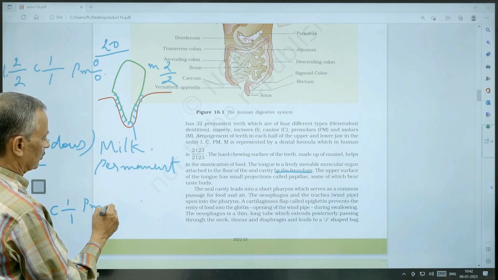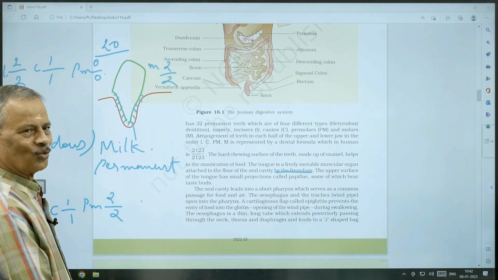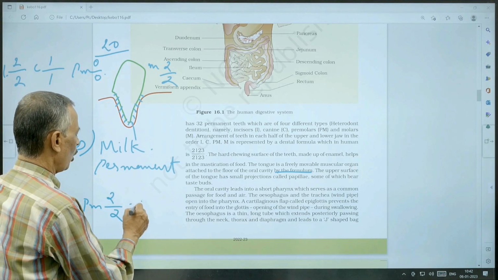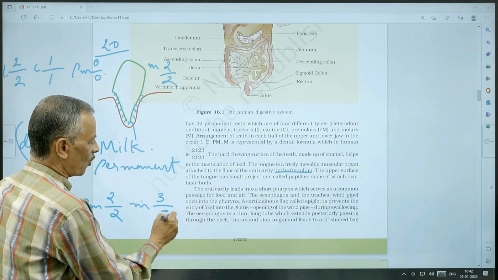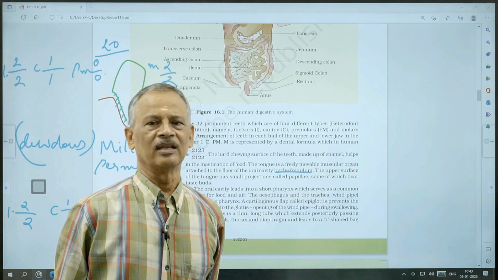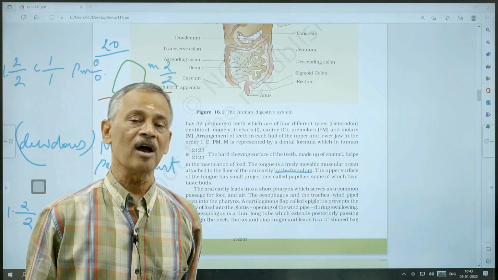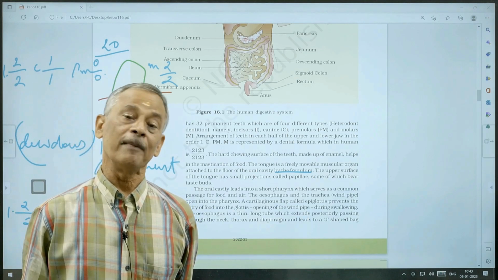Premolars are making their appearance, 2 by 2. And in molars, there is an additional one appearing. That additional last set of molar is called wisdom teeth, which appear a bit late.